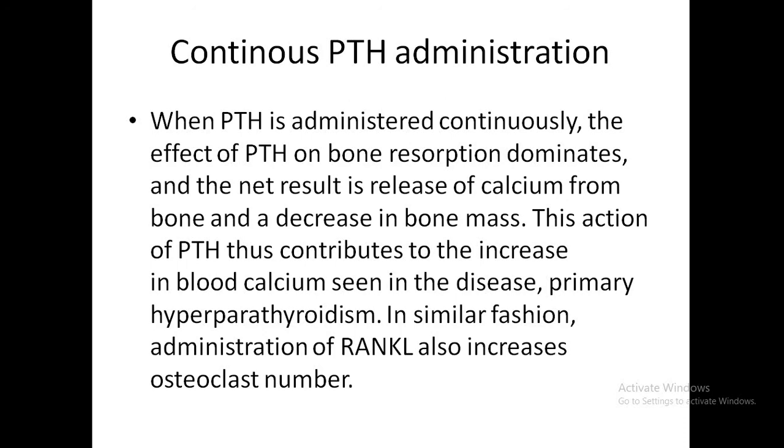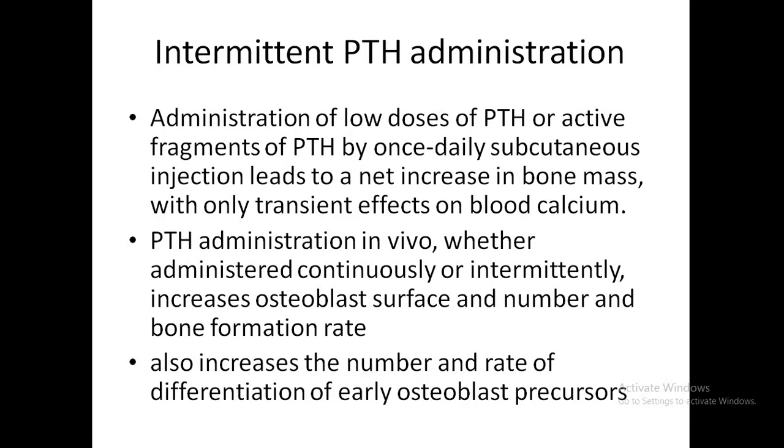In similar fashion, if you administer RANKL continuously, it also increases the osteoclast number. But if you give PTH intermittently, administration of a low dose of PTH or active fragments of PTH by once daily subcutaneous injection leads to a net increase in bone mass with only transient effects on blood calcium.